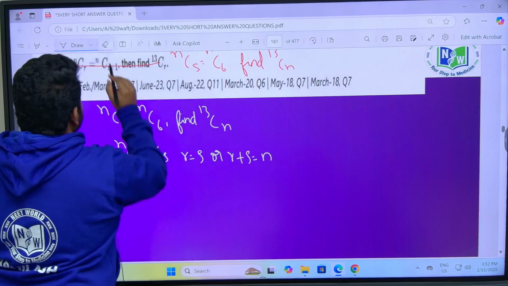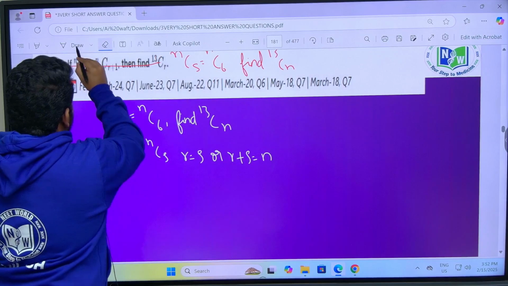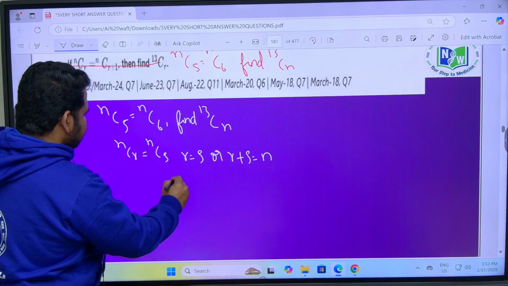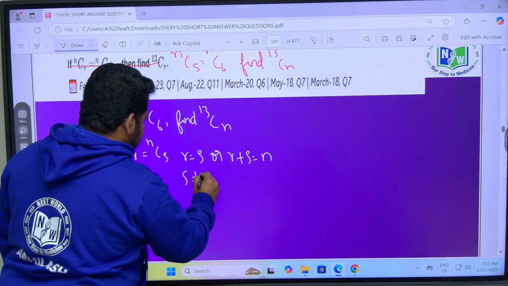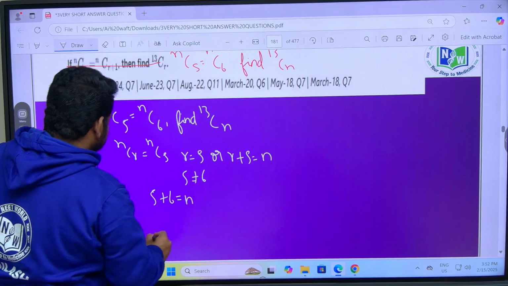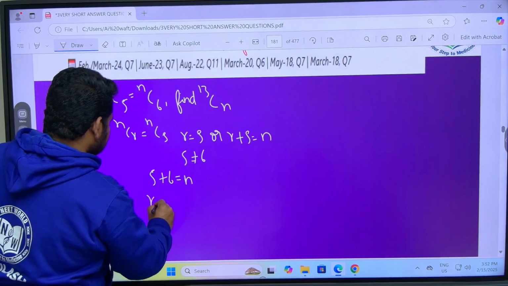Definitely we know that 5 is not equal to 6, so 5 plus 6 should be equal to n. So n will be equal to 11.